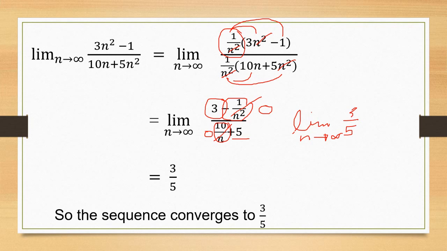Now remember, the limit of a constant as n approaches positive infinity is still the constant, which is 3 over 5. And so, the sequence converges to 3 over 5. Hence, this is an example of a convergent sequence.